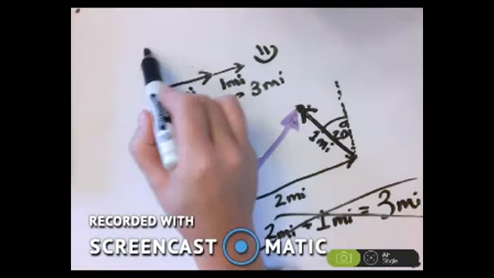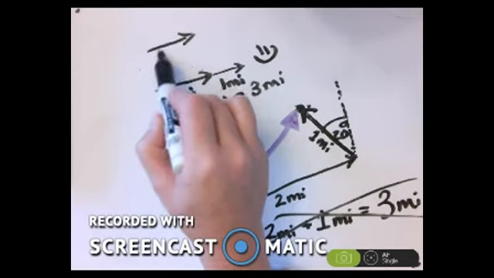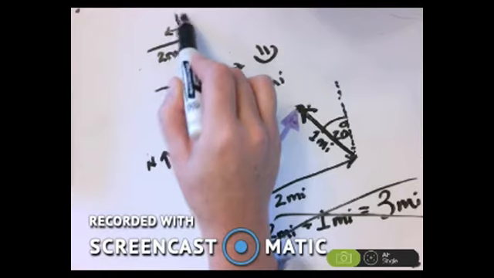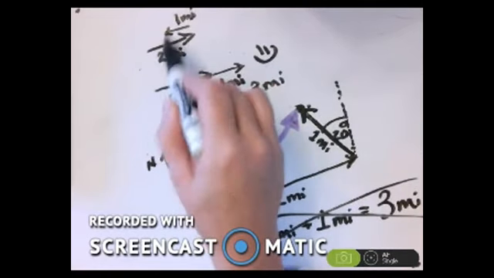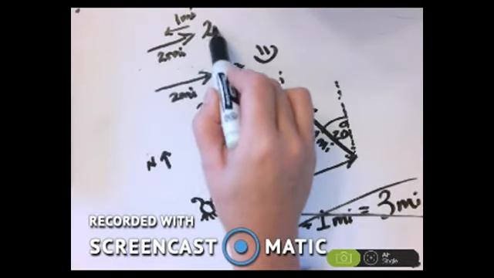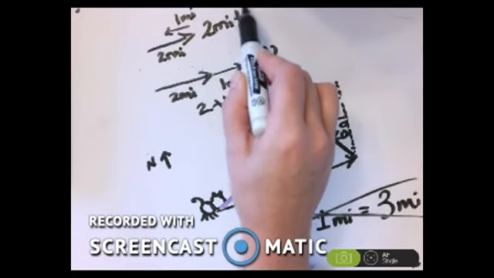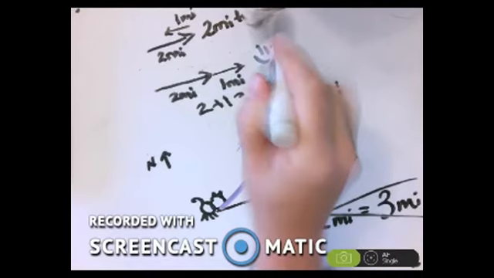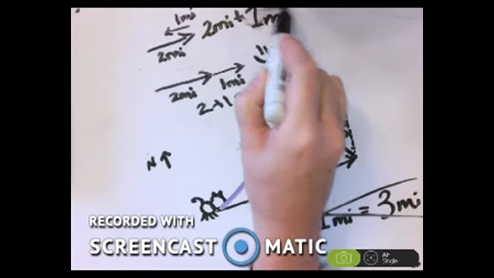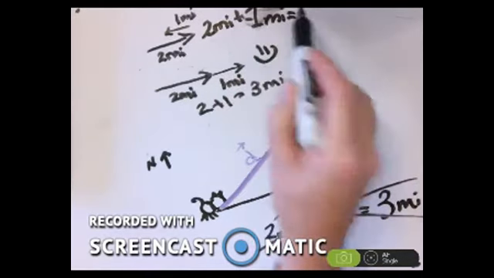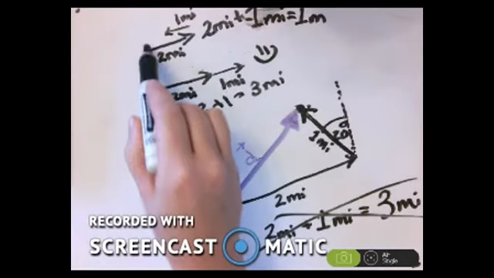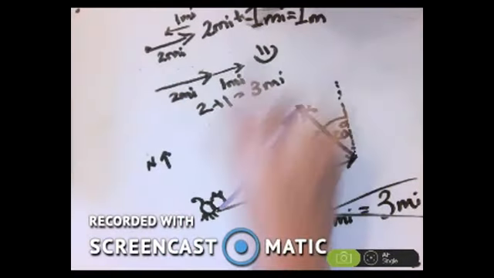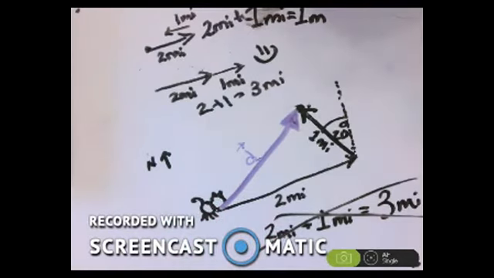I also know that if he walked 2 miles this way and then backtracked and walked 1 mile this way, I can just add those vectors because it's 2 miles plus a negative 1 mile. Oh, I'm going off my screen. Plus a negative 1 mile, and that's going to end up being 1 mile. I know he ends up only 1 mile. So why does it work for these two and not for this case?